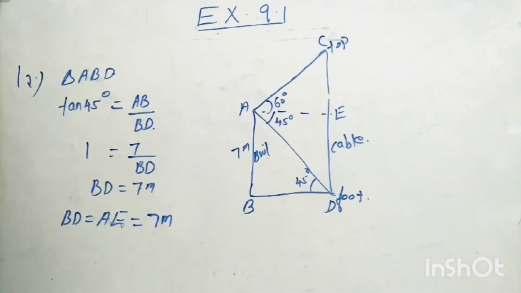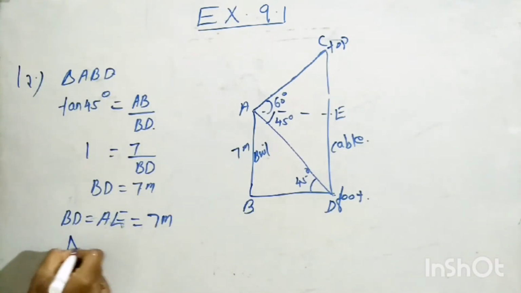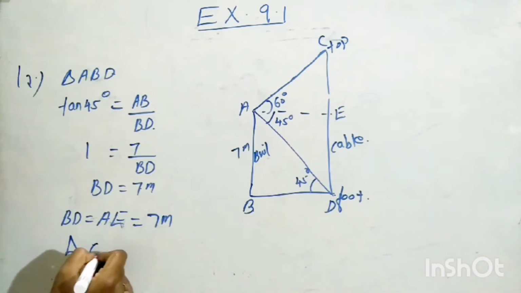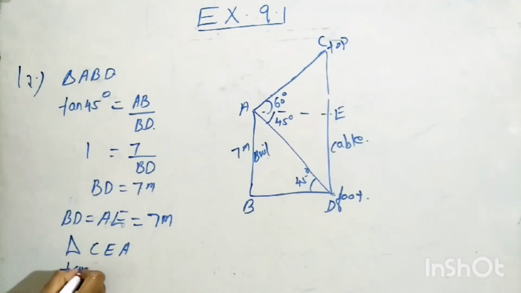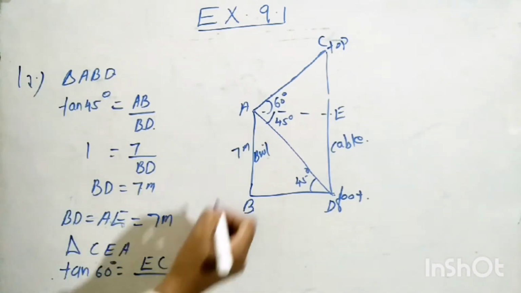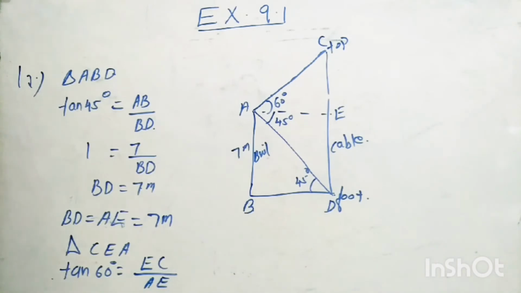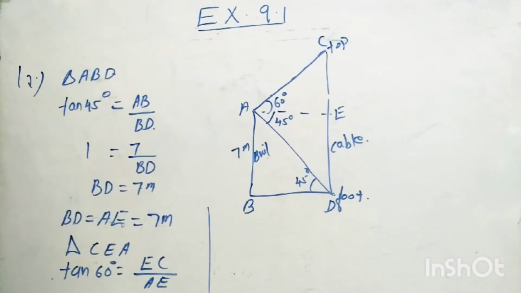Now we will consider tan 60 degree in triangle AEC. Tan 60 degree is equal to the opposite side, EC, divided by the adjacent side, AE.